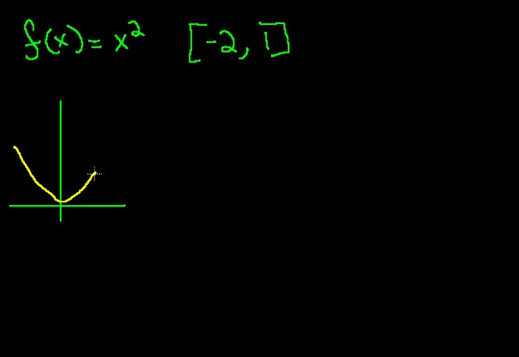It would end right there because it wouldn't go on until 2. So let me actually write down the values. Let's say this right here is -2, it's -1, this is 0, and this is 1. So we're looking at this, and just by looking at this, we know that the lowest point is right here, and the highest point is right here.